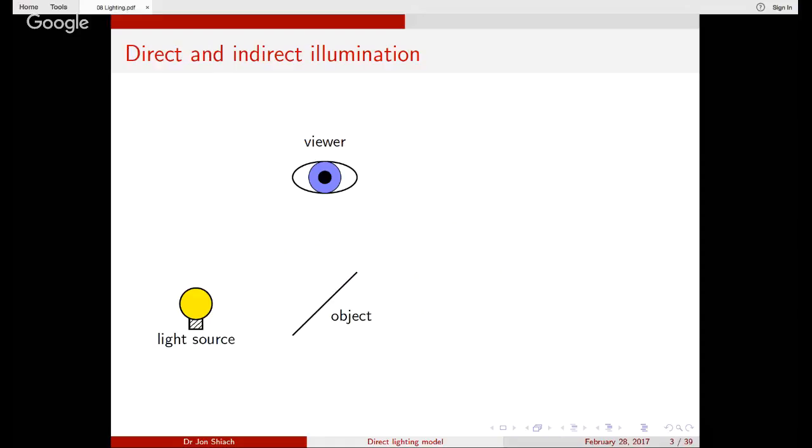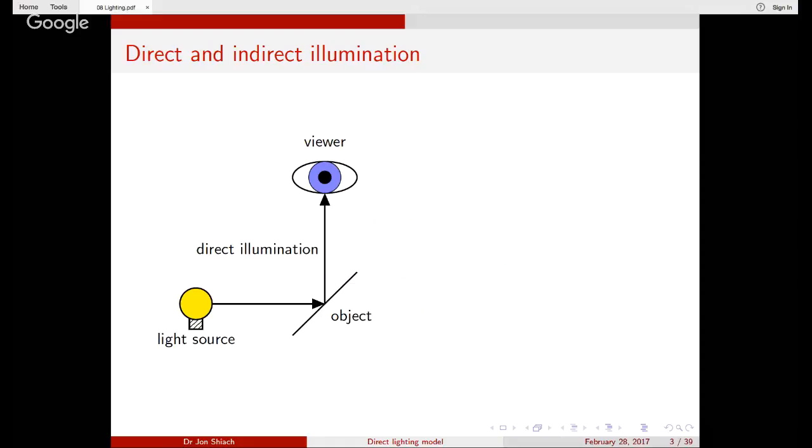Light comes in one of 2 different types of model. The first we're going to look at is direct illumination. Here we've got our light source. The light from a light source falls on a surface, an object, and then the light goes to your eye.